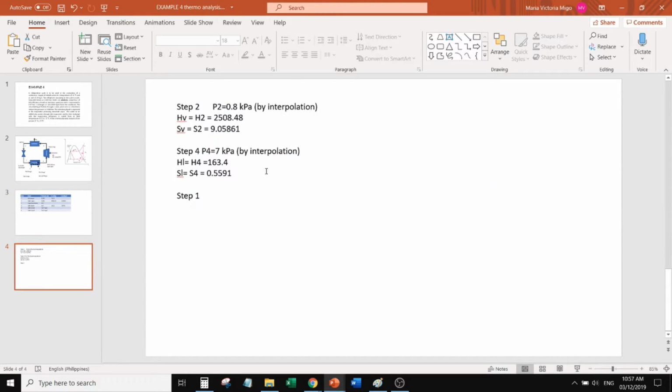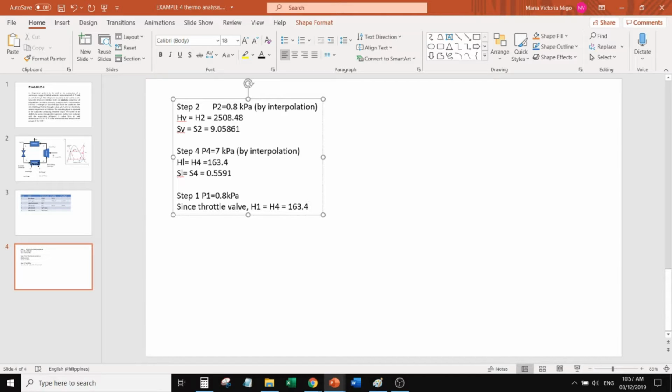Step 1, P1 equal 0.8 kilopascal. Since it's a throttle valve, H1 equal to H4 equal to 160.4.